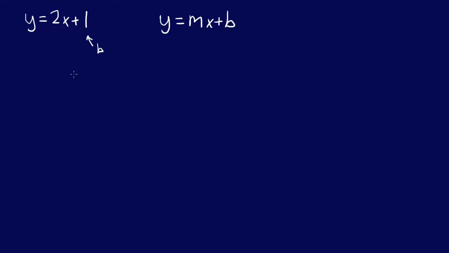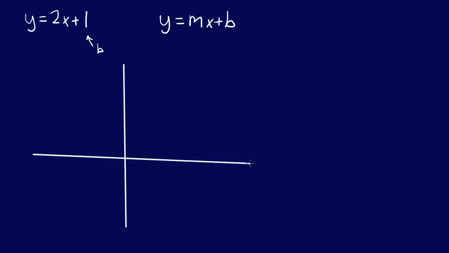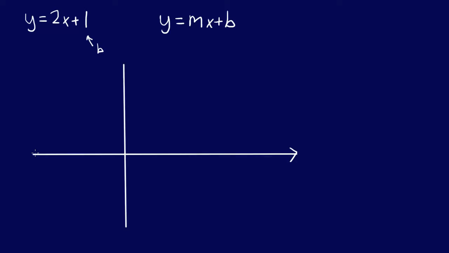So what we're going to do is we'll just start off by plotting out the linear equation. And we'll start by drawing our x and y axis. So here's our x-axis. And then here's our y-axis.